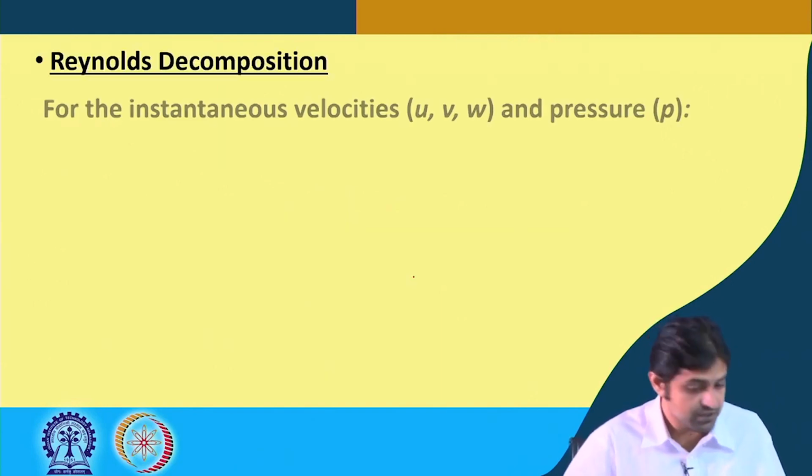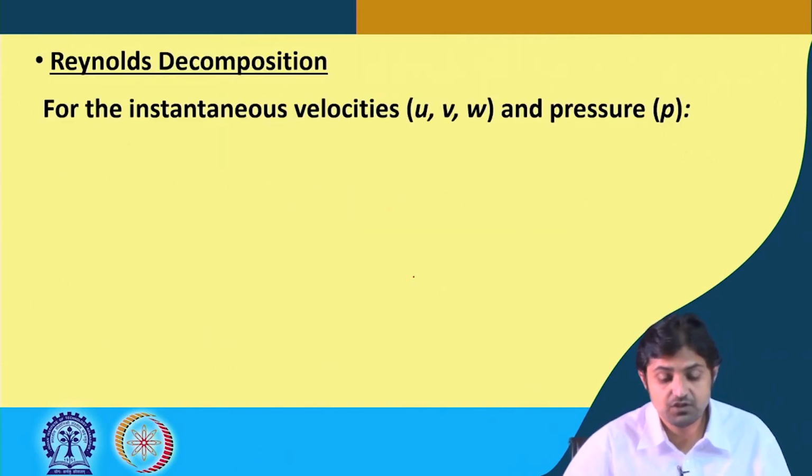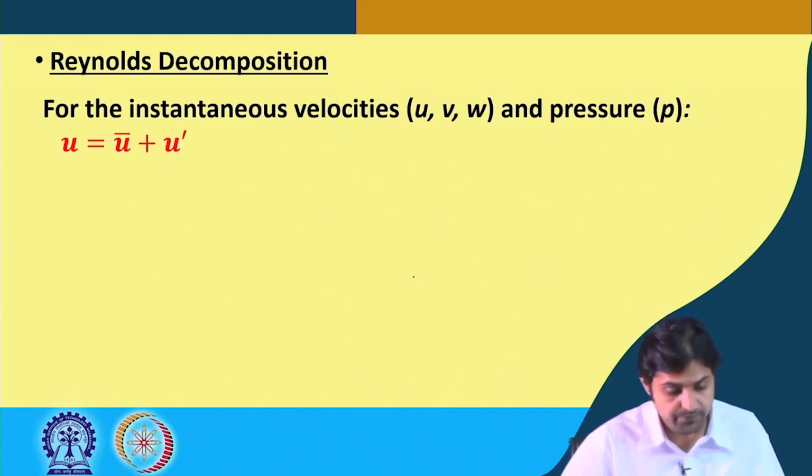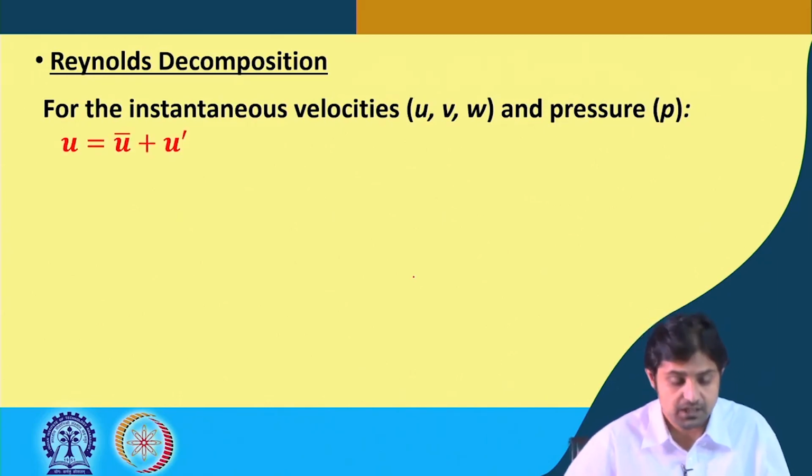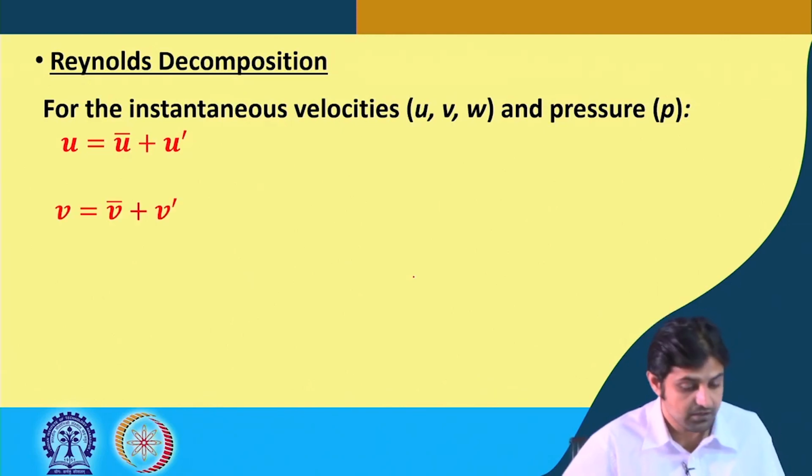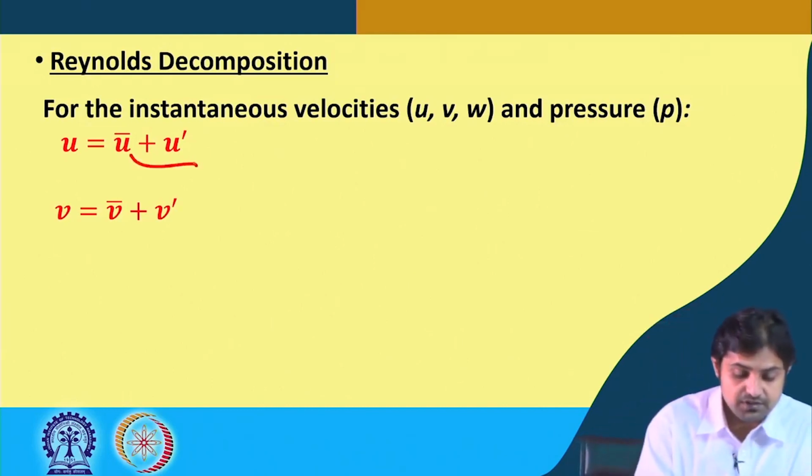So what is Reynolds decomposition? For the instantaneous velocities u, v, w and the pressure p, u can be written as u bar plus u prime, and v is written as v bar plus v prime.